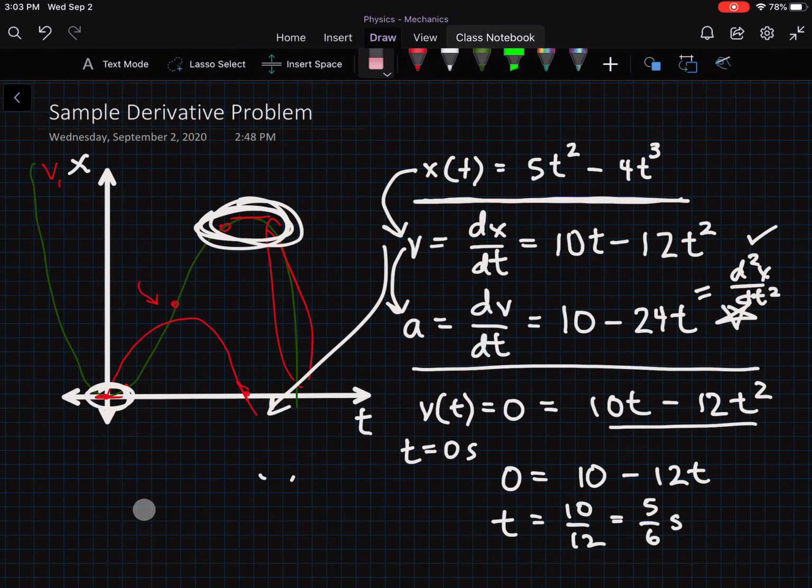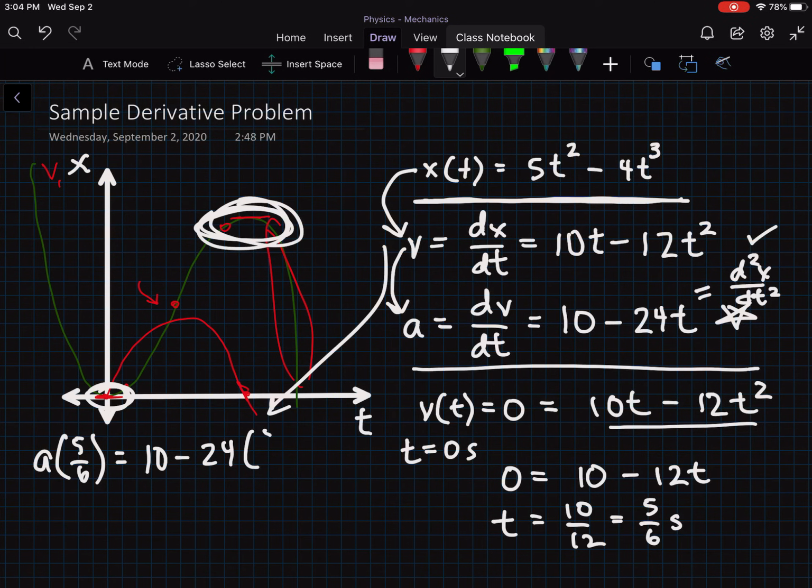We're kind of hoping that there's a max on the other one, but let's actually work it out to make sure that it works out as we would expect. So acceleration at 5/6 seconds. The arithmetic here is mildly more complicated, but we don't really need to worry too much about it.